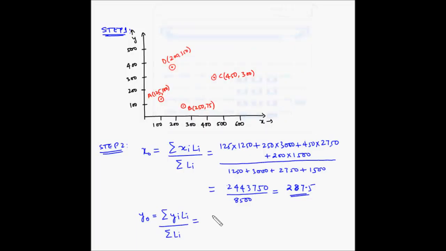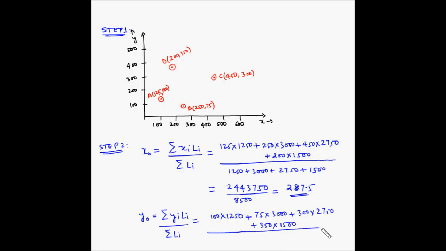So this is equal to, for A, the y coordinate is 100, so 100 multiplied by the load being transported between facility A and the new facility, plus for B 75 multiplied by the load, which is 3000, plus for C 300 multiplied by the load, which is 2750, plus for D 350 multiplied by the load, which is 1500.